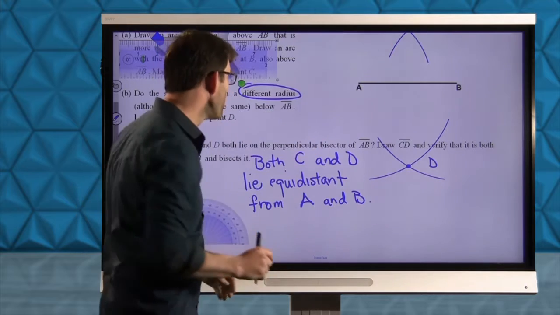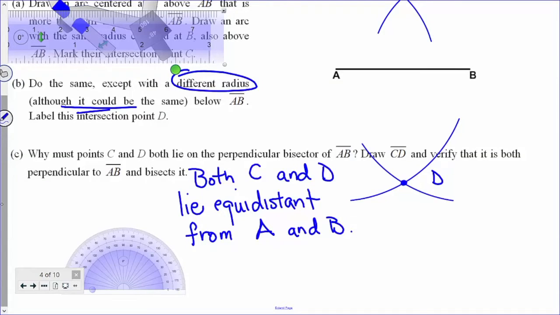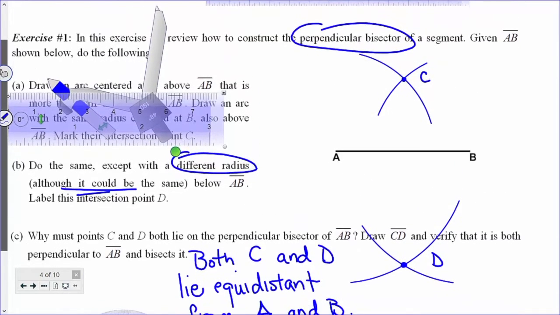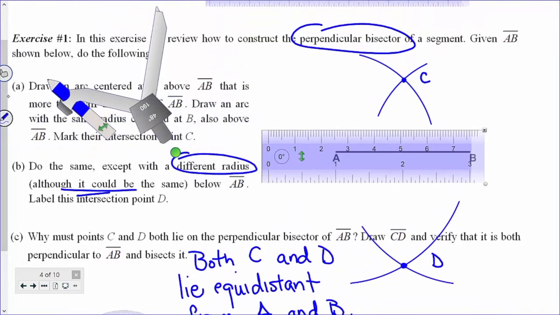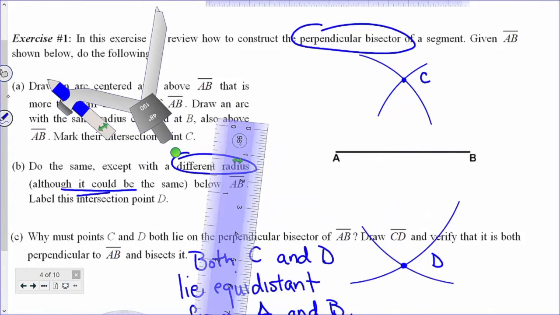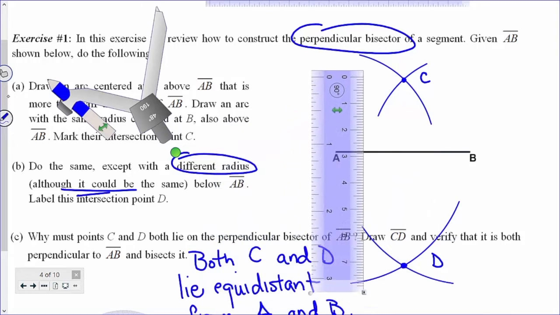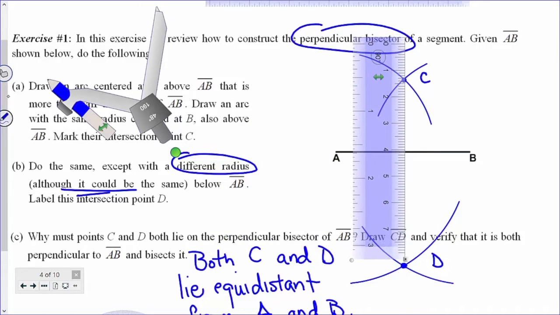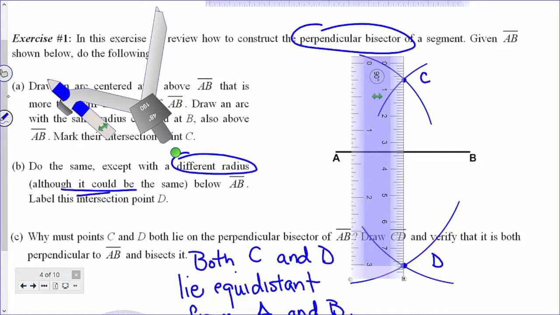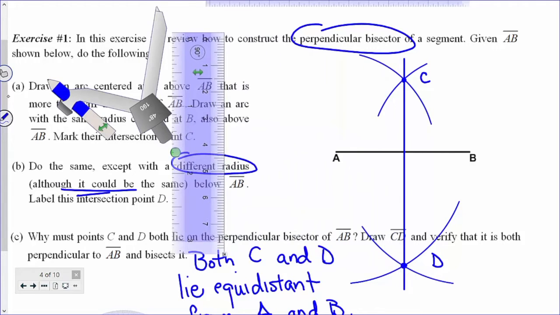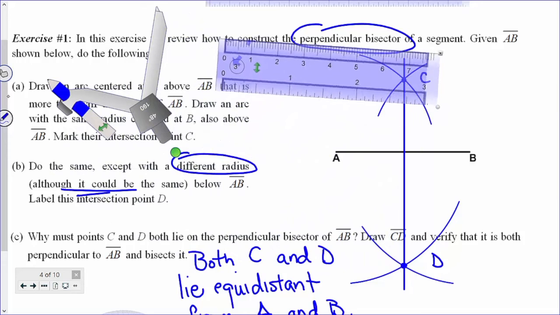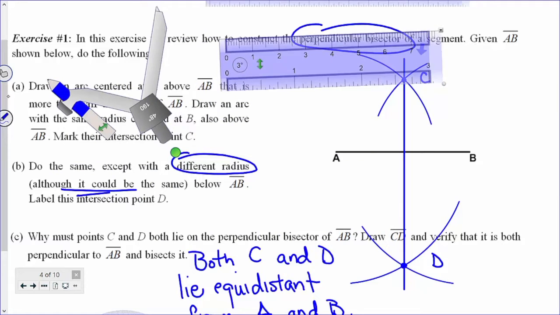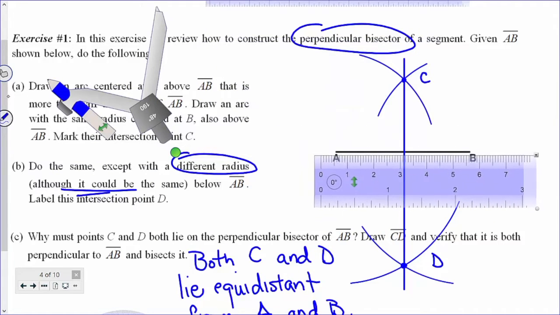That's fine as well. Now it says draw in CD and verify that it is both perpendicular and a bisector. All right, let's draw that in. Look at that, not bad. Let me really quickly do the piece to show that it bisects.